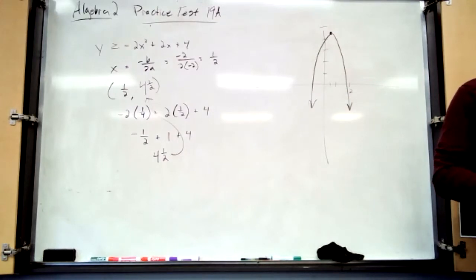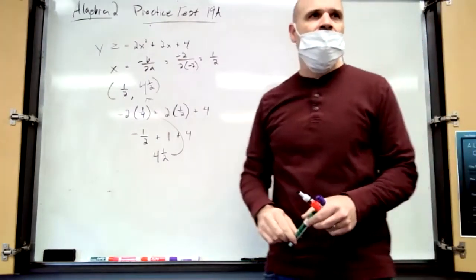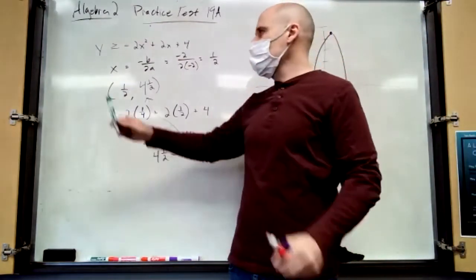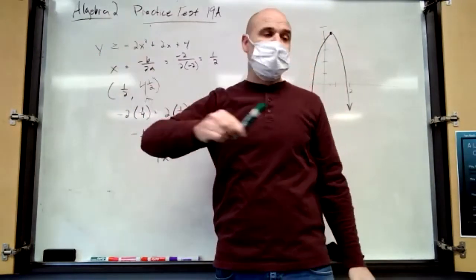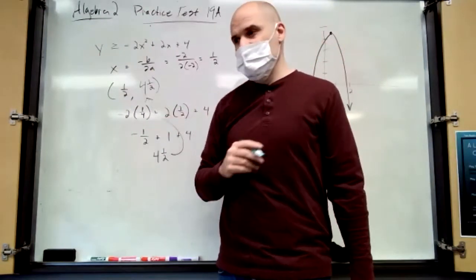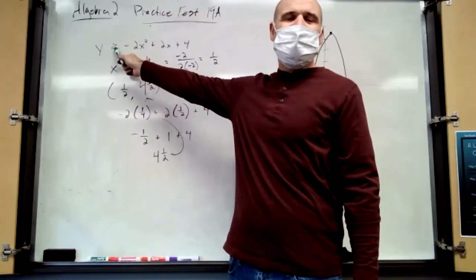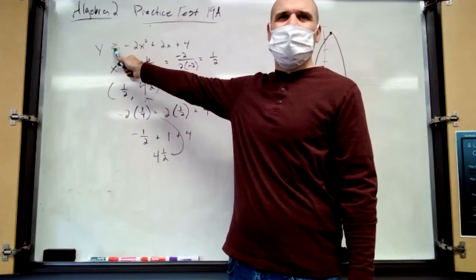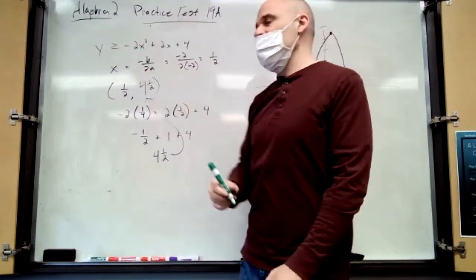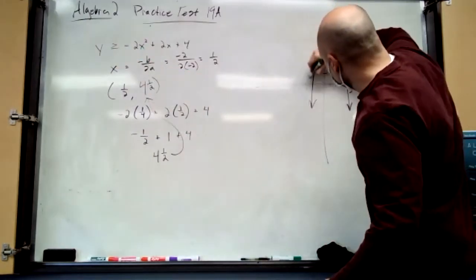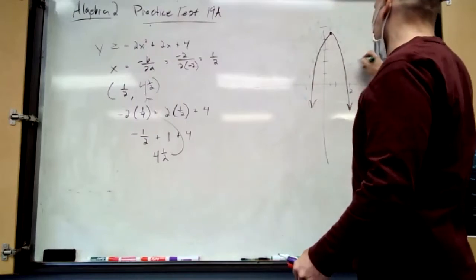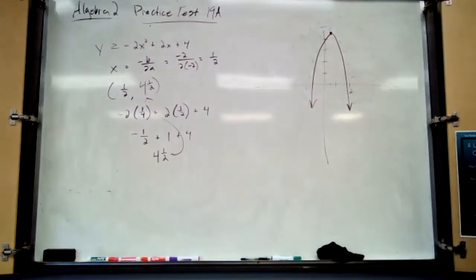On top of it or below it? Below? It's negative? Well, no, negative means it's just upside down. But this means greater than. So on top of it, higher than the graph. So you're going to shade right here. Okay? Make sense? All right.